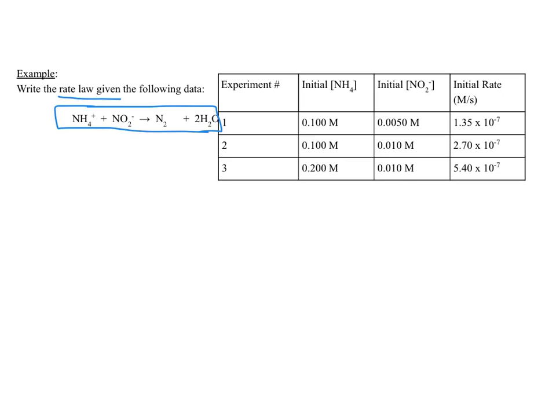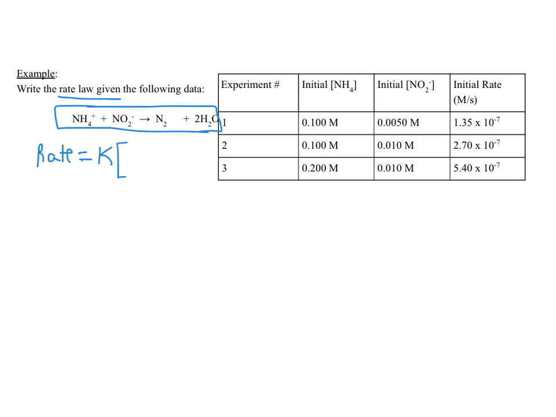Now, the rate law is just an equation, and remember the general format is going to be rate equals, that's an equal sign, K, and then the concentration. Now in the general formula, I was writing A's and B's and all that stuff, but now I actually have formulas of reactants.